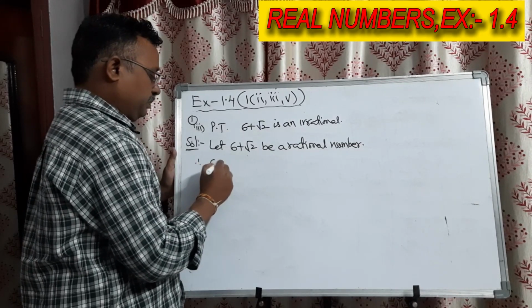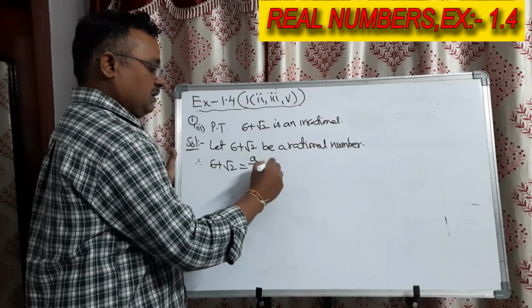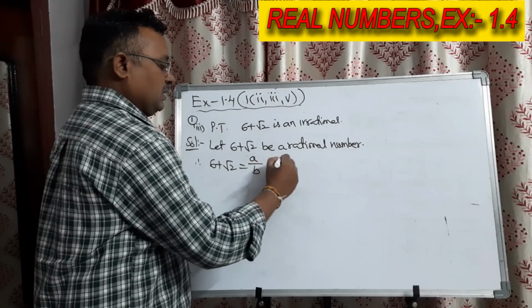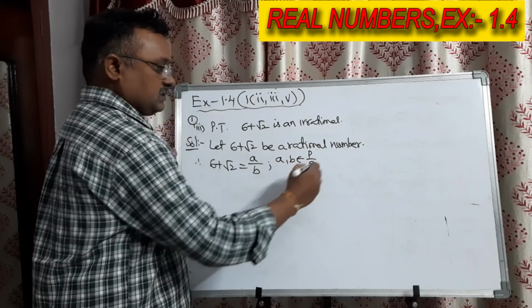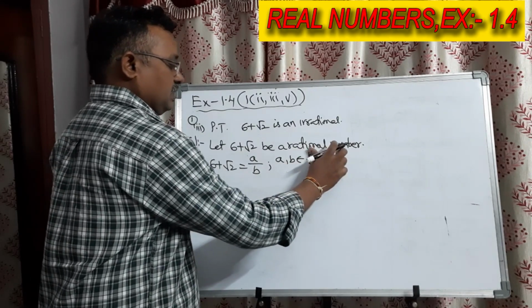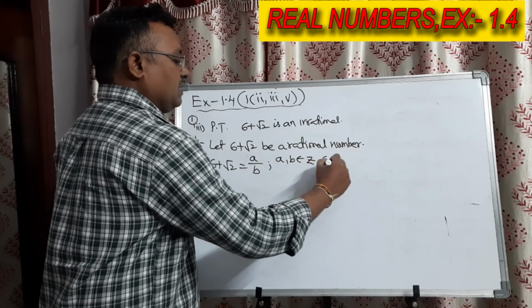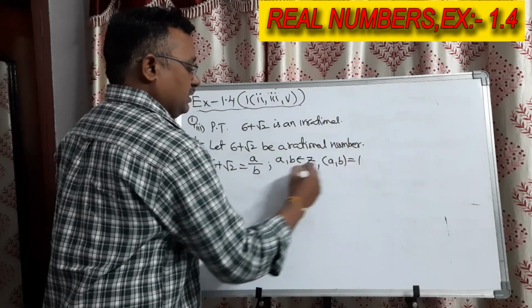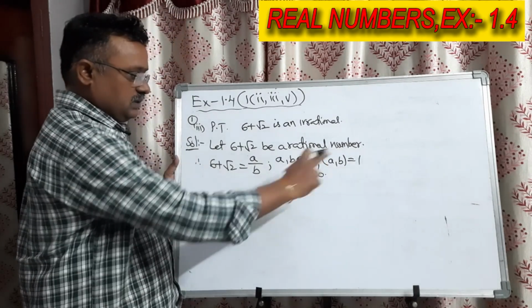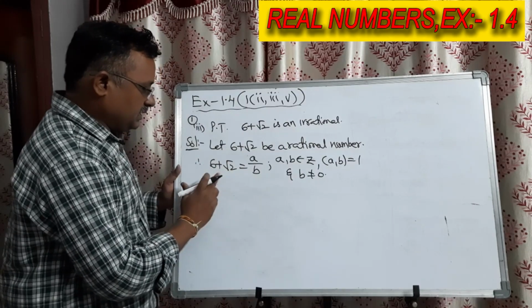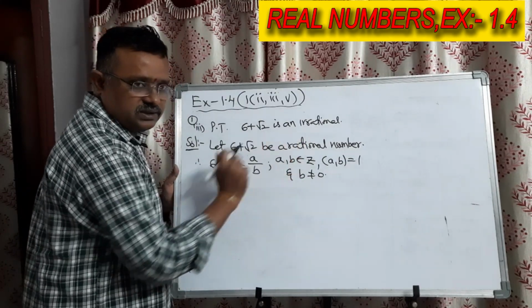Therefore, 6 plus root 2 can be written as a by b, where a, b belong to Z, the ordered pair (a, b) is equal to 1, and b is not equal to 0. Is that clear? That is the property. Now, if you observe, the right side one is clearly rational. That is our consideration.